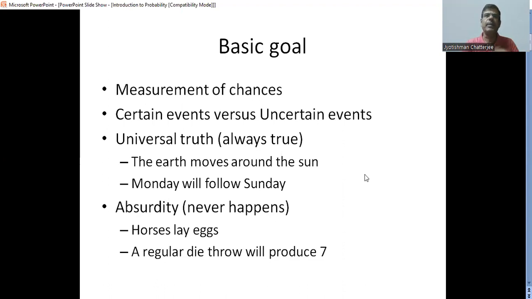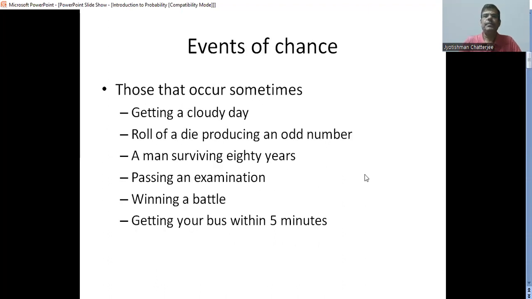Now there are some in-between things. The things that may be true or may not be true depending on circumstances. What are those? Let's talk about a few. Suppose my statement is getting a cloudy weather tomorrow. So it may be true or may not be true depending on how is the weather tomorrow. Another statement, roll of a die producing an odd number.